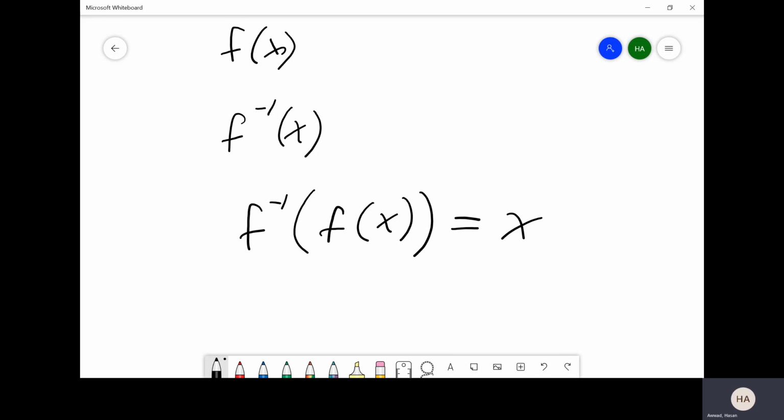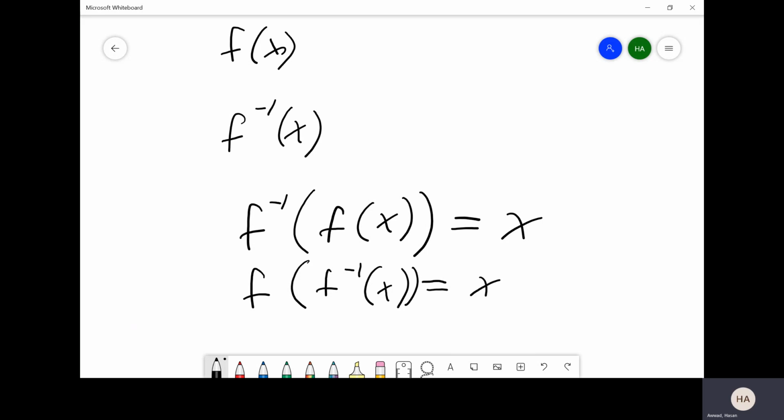If your variable was a y, you should just get y back, and so on. The same is true if you compose in the opposite order. This is the only time where order would not matter. If you compose the original function with the inverse function, you should still get back your variable.